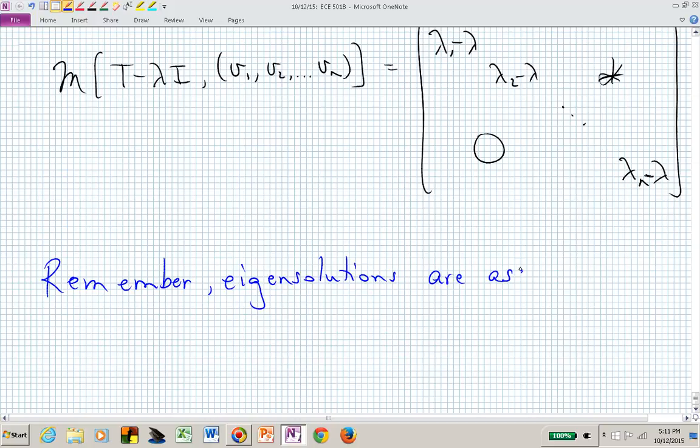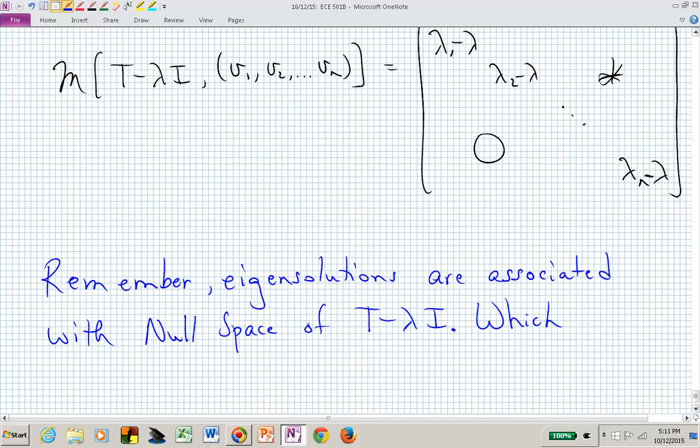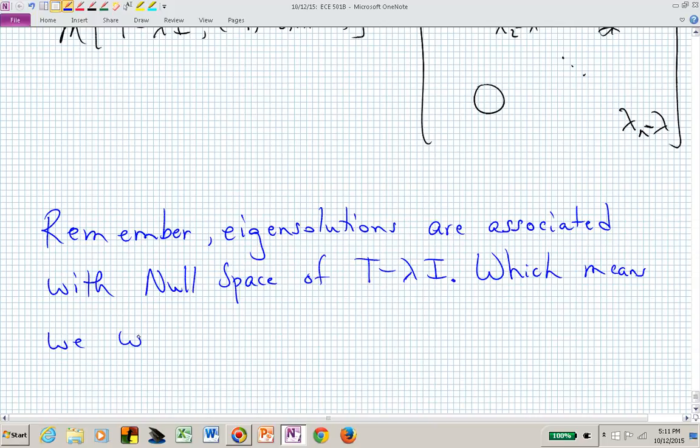Eigensolutions are associated with the null space of T minus lambda I. And if we have a non-trivial null space, then that means something about the injectivity or non-injectivity of that map, which means we want T minus lambda I to be non-injective, to have a non-trivial null space.